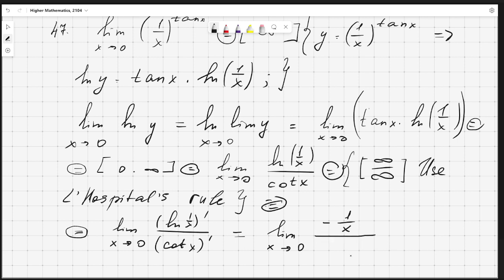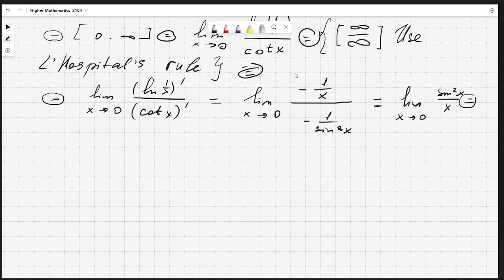Derivative of denominator: derivative of cotangent is minus 1 over sine squared of x. Or limit as x approaches 0 of sine squared of x over x. And we have the indeterminate form 0 over 0. We can use L'Hopital rule again.